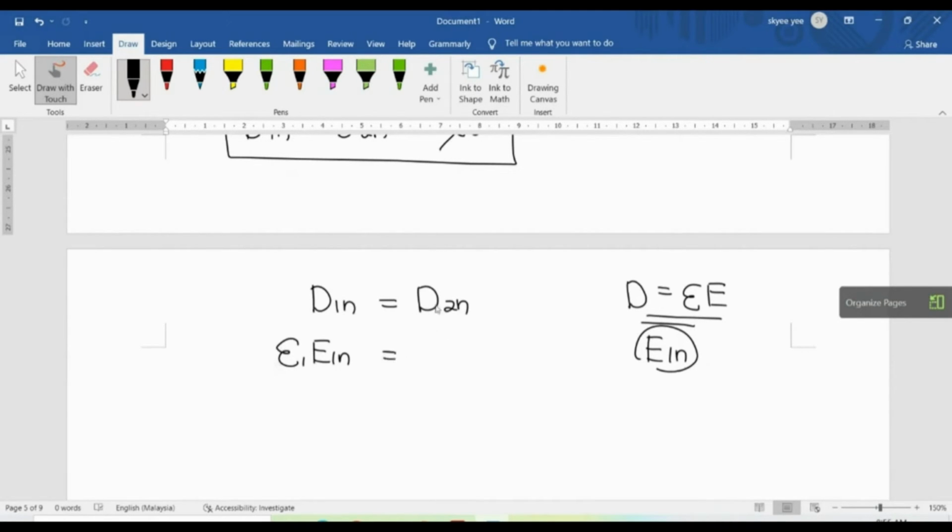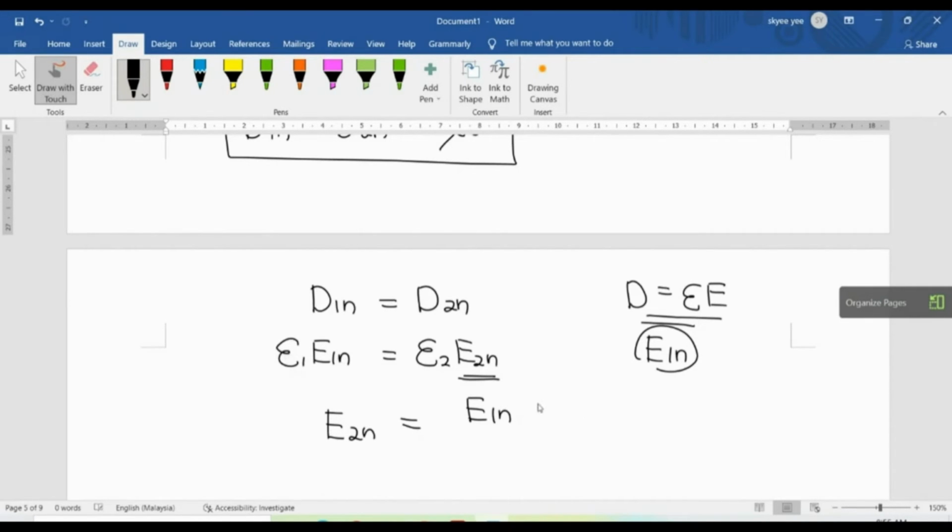It will be equal to the permittivity of medium 2 multiplied by E2n. So now we see this E2n, which is something that we want to know. So E2n will be equal to E1n multiplied by epsilon 1 over epsilon 2.